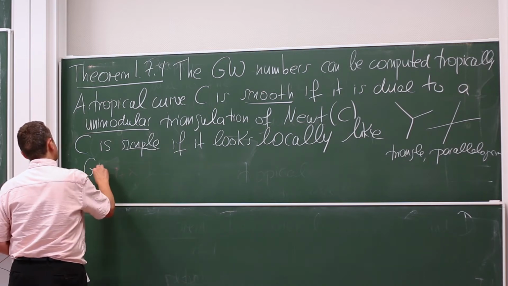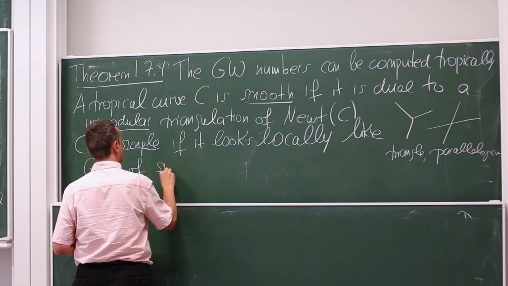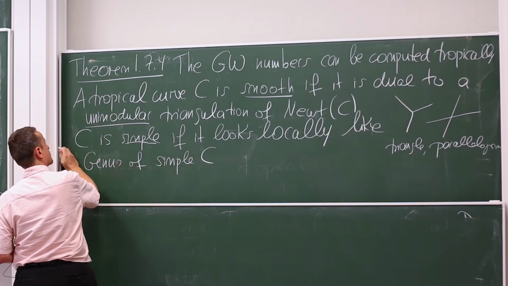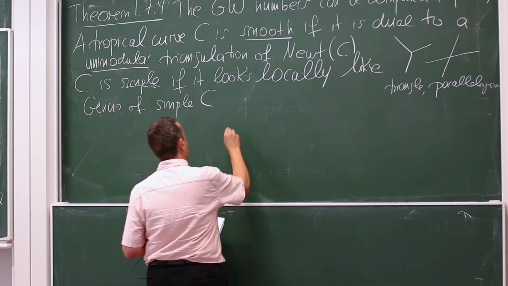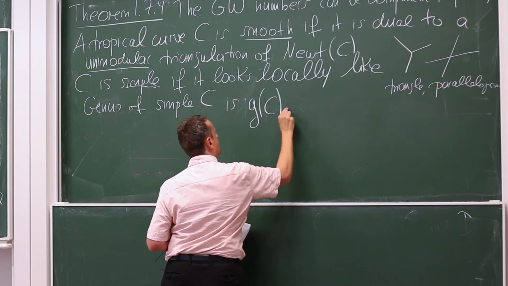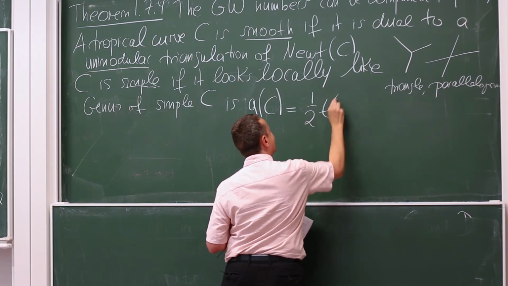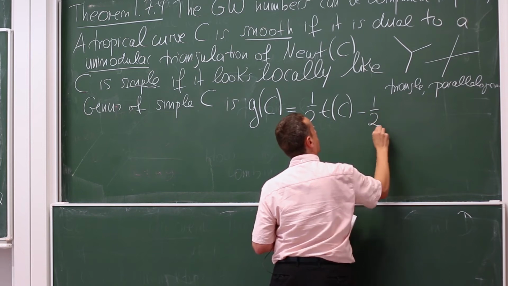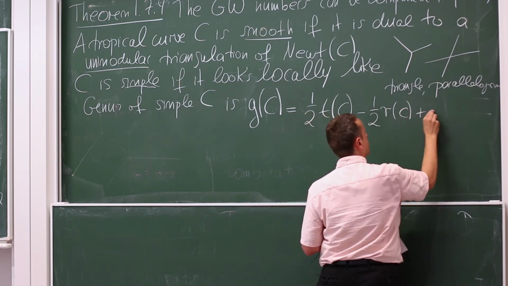Now we're going to define the genus of a simple curve. So if I have such a simple curve, so I locally look like this everywhere, I'm going to define the genus of such a curve to be the following quantity: a half T of C, I need to define this, minus a half R of C, I need to define this, plus 1.